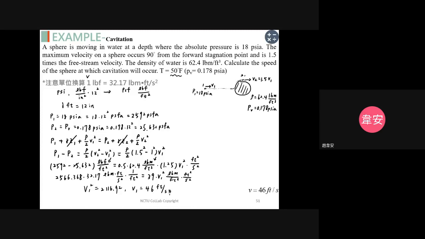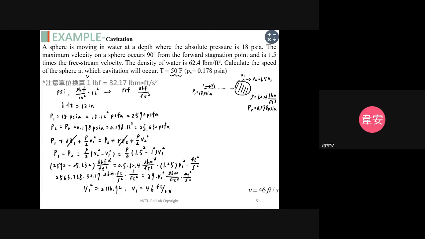If in your problem at some point the velocity increases, then you need to take care that the velocity increase cannot be too high. If the velocity increase is really high, then that point will have lower pressures.